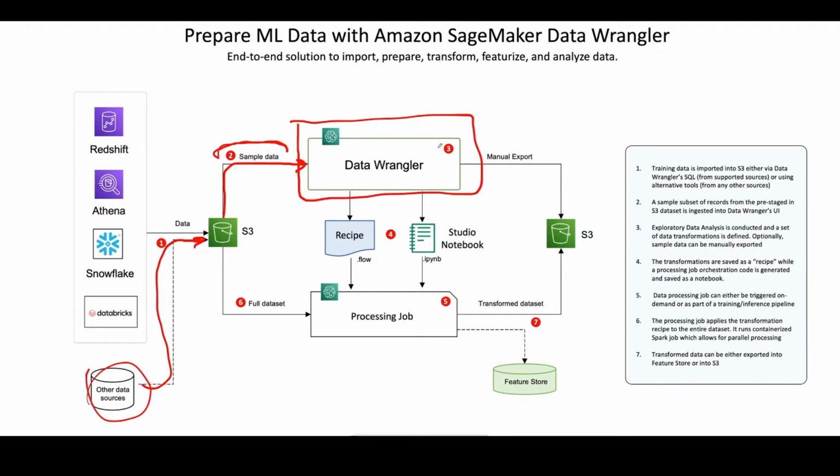And the idea is that everything that we are going to do in Data Wrangler from this point on, we are going to be defining transformations one after another, manipulating fields, dropping columns, adding new things, feature engineering. And so this list of transformations will be, in the end, exported as a recipe.